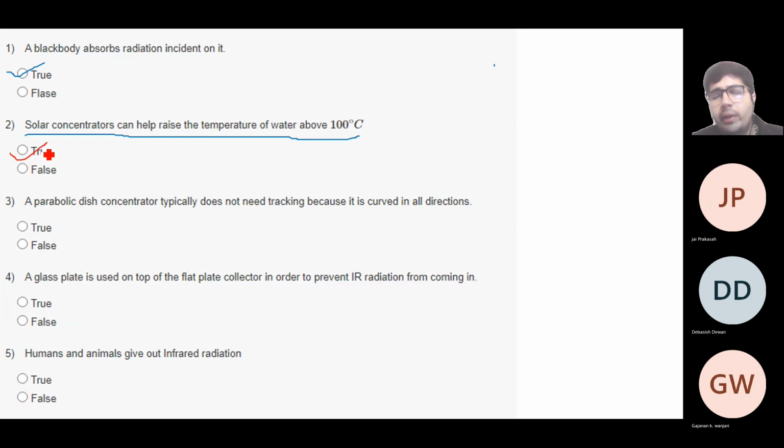I'm giving you again 1 minute, and let me repeat the question. A parabolic dish concentrator typically does not need tracking because it is curved in all directions. Anyone?